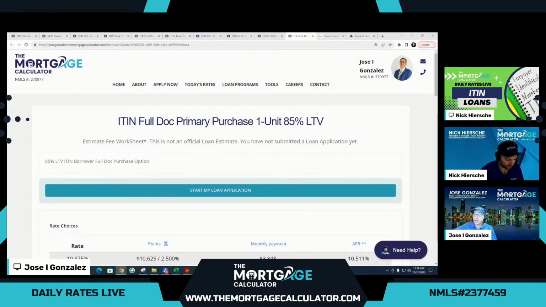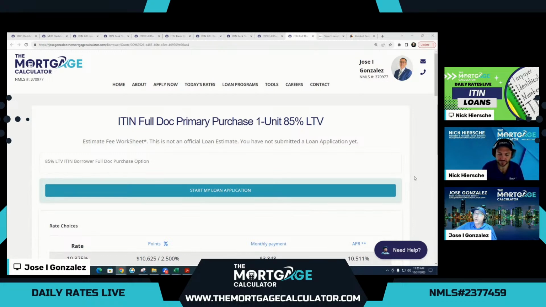Hence, we have many more options that keep entering the ITIN realm. ITIN was a very difficult type of loan to place a couple of years ago, but right now it is very easy to place these loans. Our maximum LTV is 85%, which is amazing.